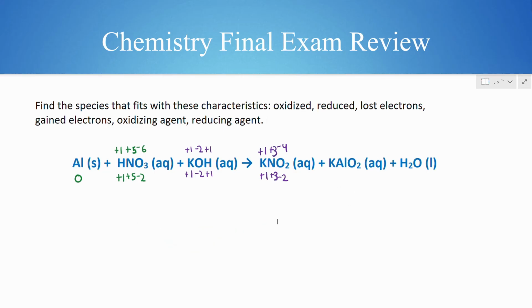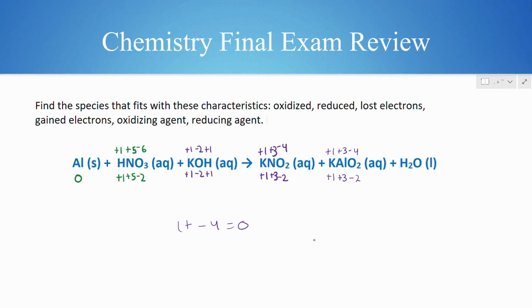Next we have KAlO2. So in this case, potassium is again +1, oxygen is -2, -4 in total because there are 2 oxygens, and we know that +1 minus 4 needs to equal 0, so aluminum needs to be +3.